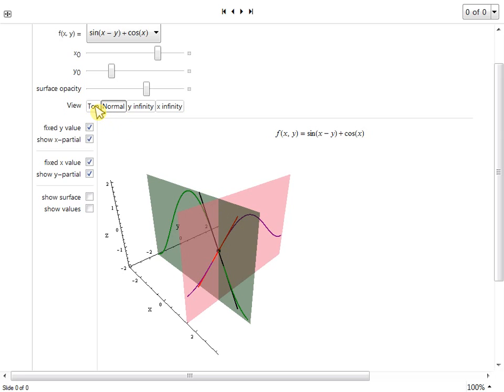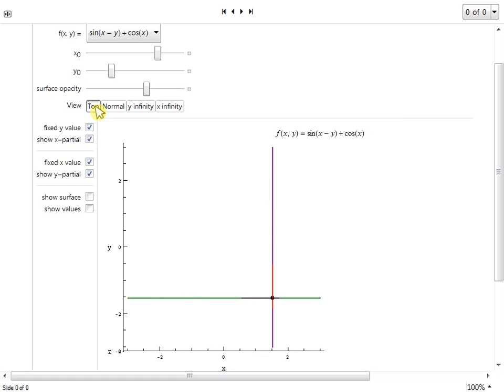But if I looked at it from straight above, you see what this is? It's that surface cut one direction, cut the other direction. So imagine you were a person, and your head is the top of this marker, and your feet are down here, and you're standing on the surface. Now, if I said fix the y value, you're on this green-black line, right?